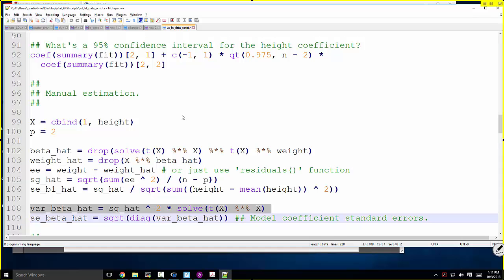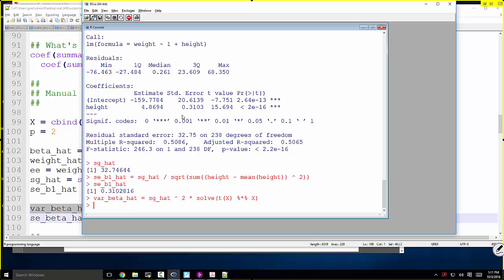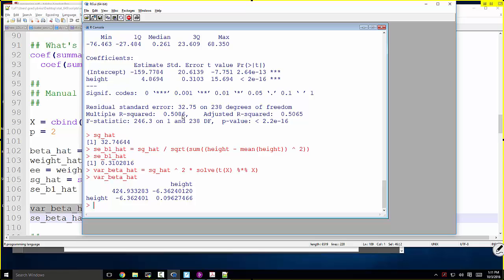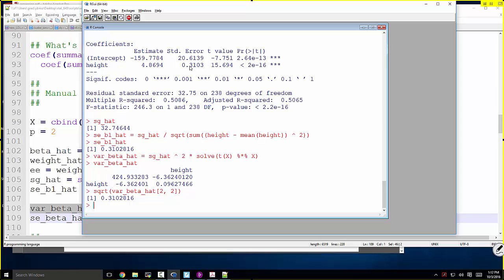This is a matrix. On the diagonals are the variances of beta 0 hat and beta 1 hat. So in particular, if I take the square root of second row, second column, I will match the standard deviation of beta 1 hat.